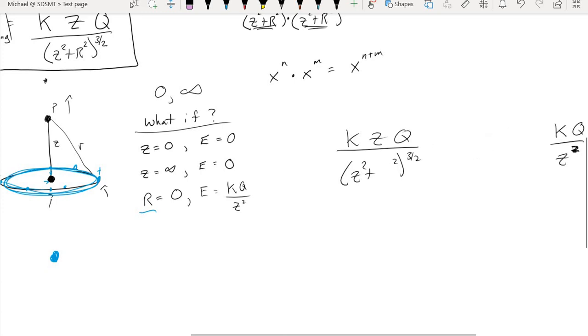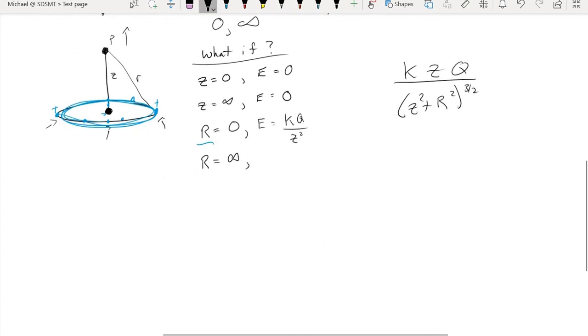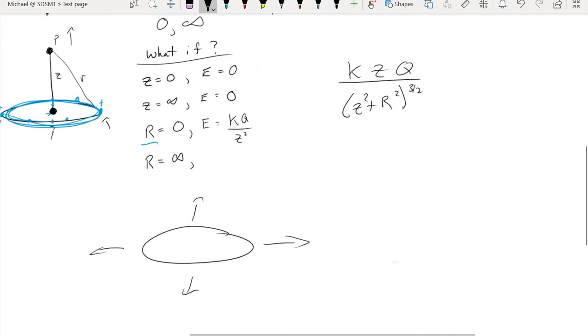So the last thing we might try is what would happen if we let r go to infinity. So now we're going to take our ring of charge and we're going to extend it outwards in all directions.